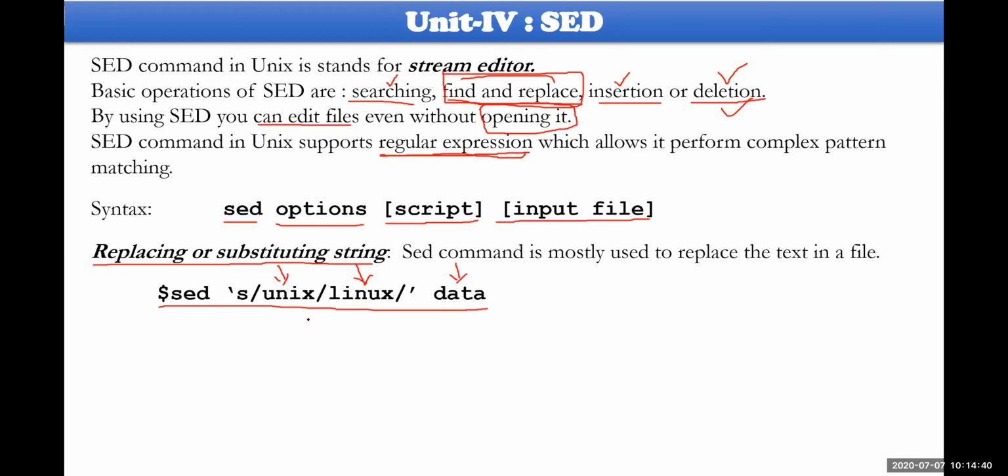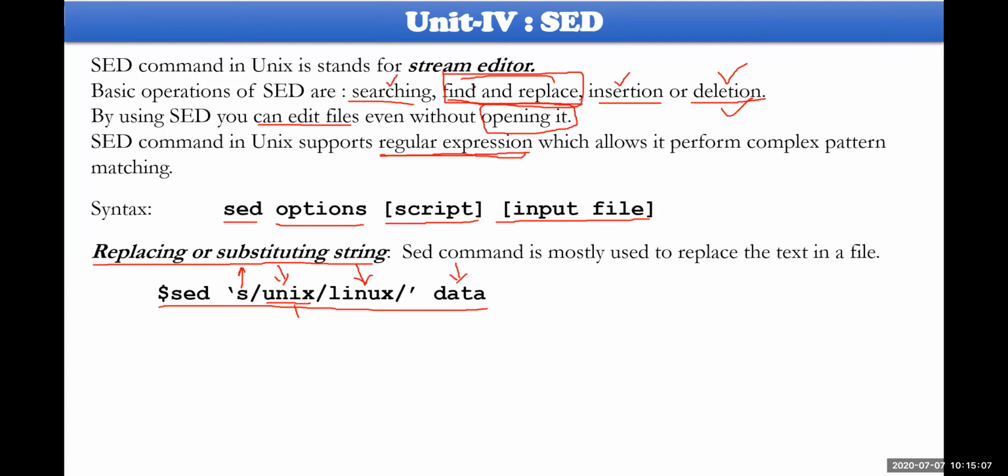So I would like to replace Unix with Linux here. Okay. S in the sense it is for searching, search for Unix. If you find this particular Unix in our file line by line, instead of Unix it could be replaced with Linux. That is the point which we would like to consider here.